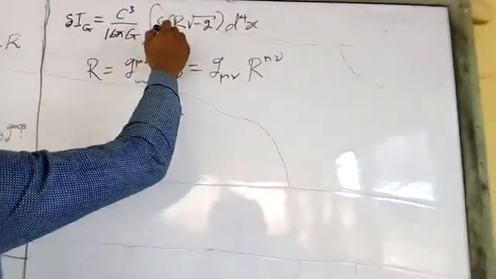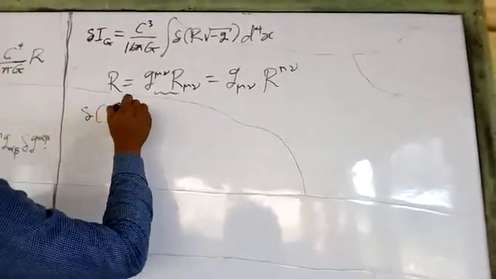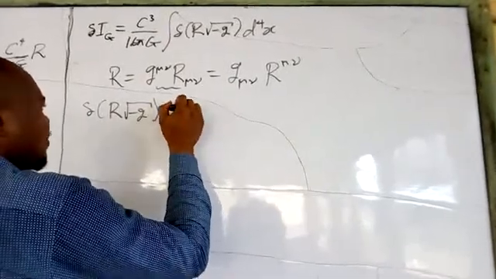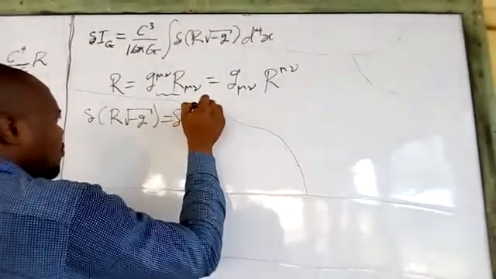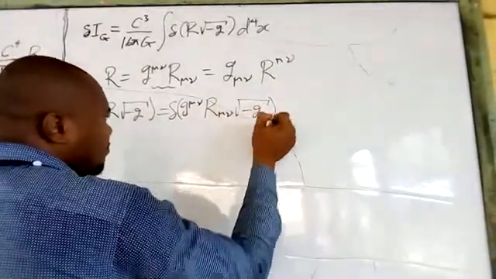So what we are interested in is the variation of this factor, so that the variation of R square root of minus g is the same thing as the variation of g^{mu nu} R_{mu nu} square root of minus g.